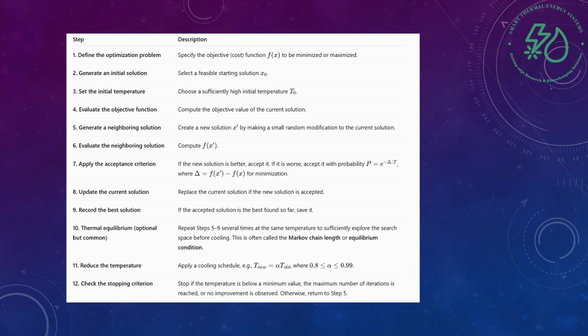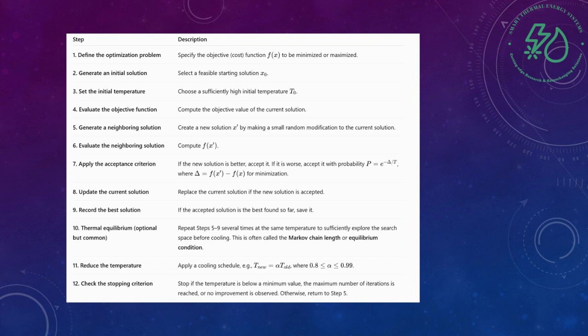then it can still be accepted, but we have a probability function here. It's an exponential function, as you can see here, e to the power of minus delta over T. And this probability function allows the algorithm to escape local optima. Then we go to step 8 and update the current solution.